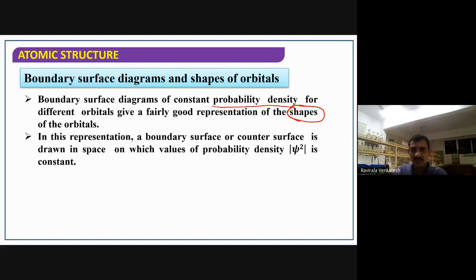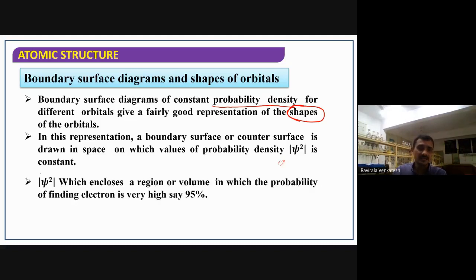To represent this, the space drawn is wherever the probability of electron density is 95%. For example, here the probability of electron is 95%, then we draw a shape here. That shape is nothing but the shape of that orbital.